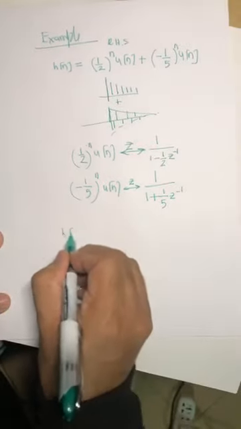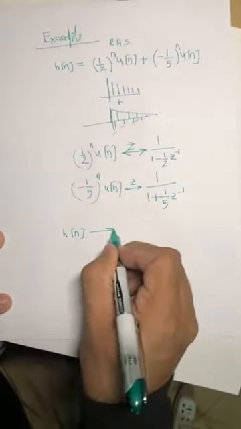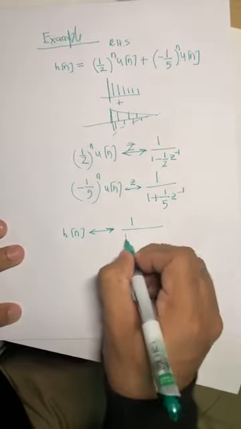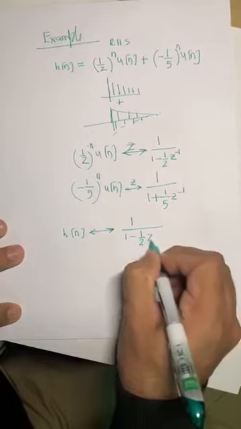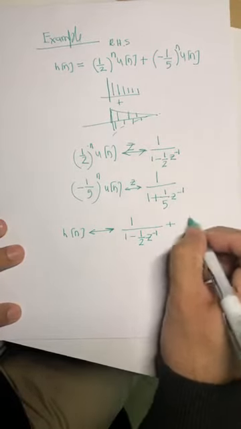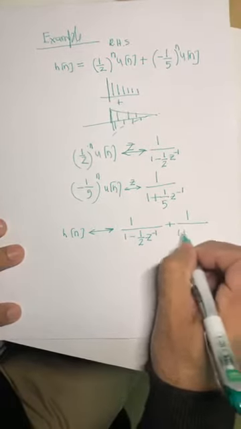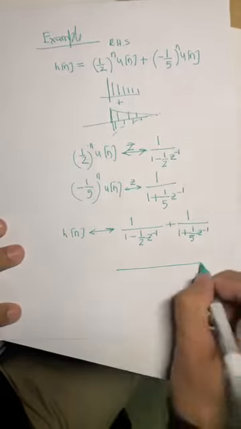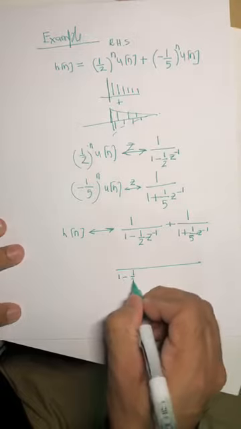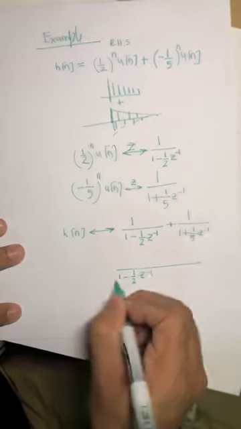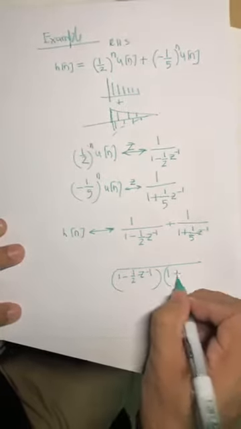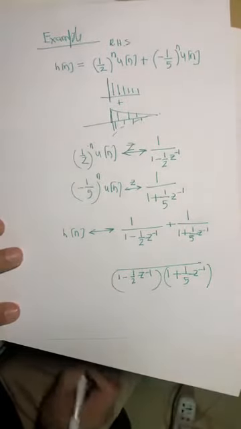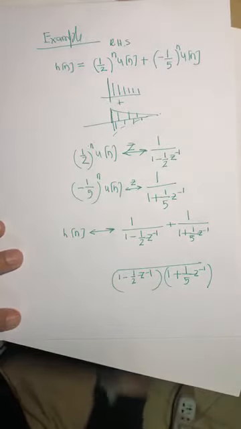So for h of n, which is a combination of the two, the Z transform will be this plus this. So if you take the LCM, why LCM? Because if you want to plot poles and zeros, you have to write them in this form.